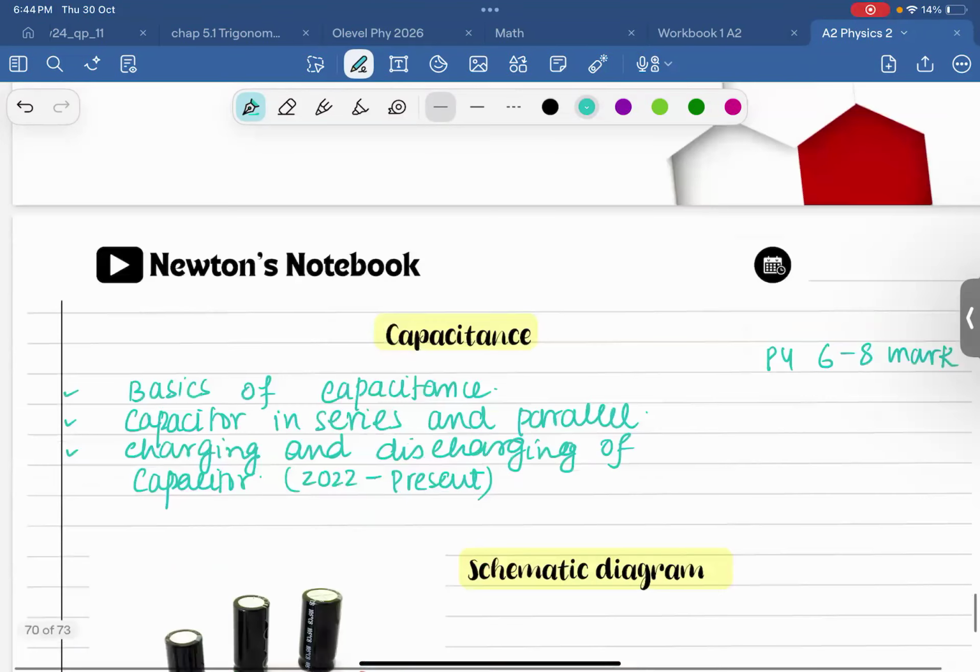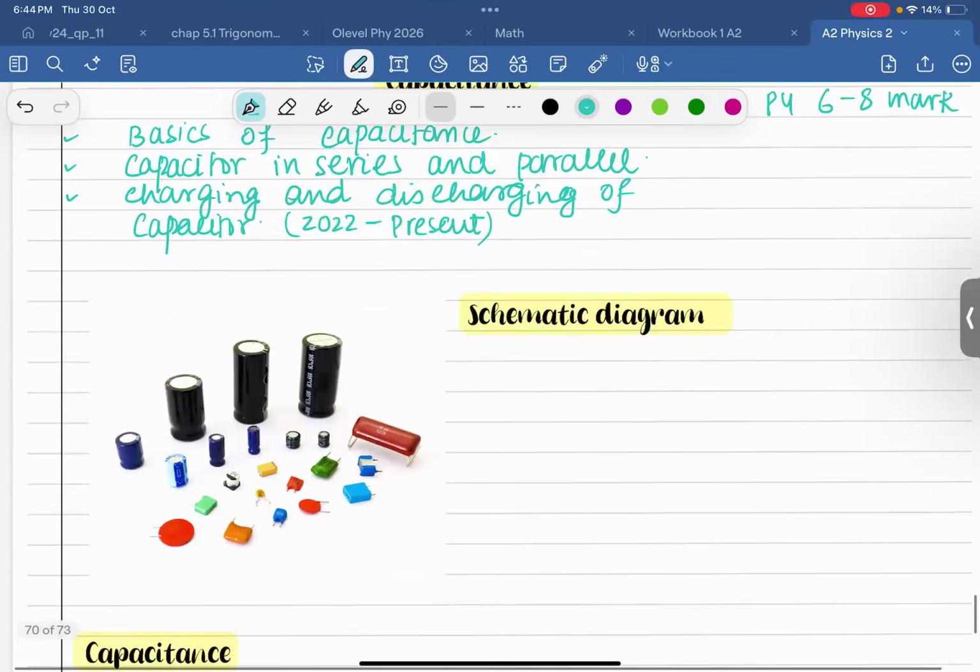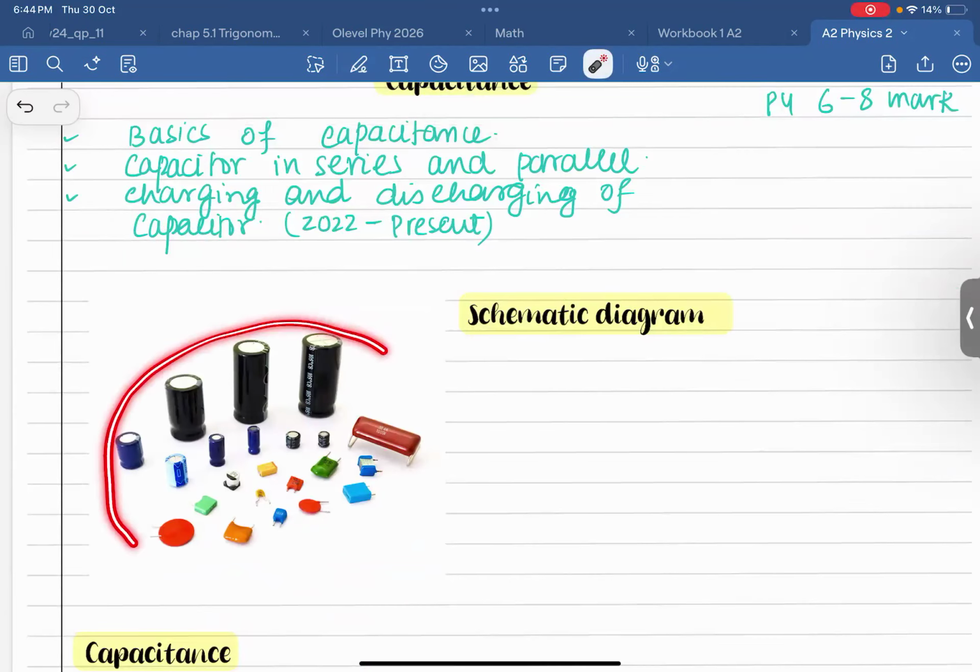By the way, this is how the capacitor looks mainly in the circuit. If you dismantle any toys that contain an electric circuit, mainly the PCB, the printed circuit board, looks greenish, and onto that a lot of components are soldered.